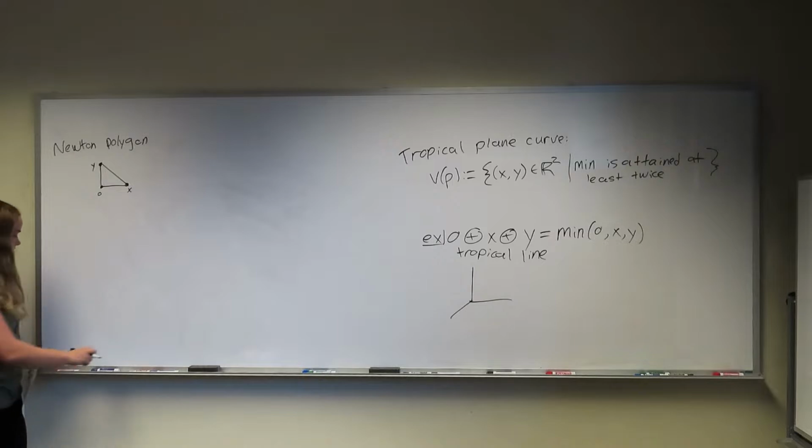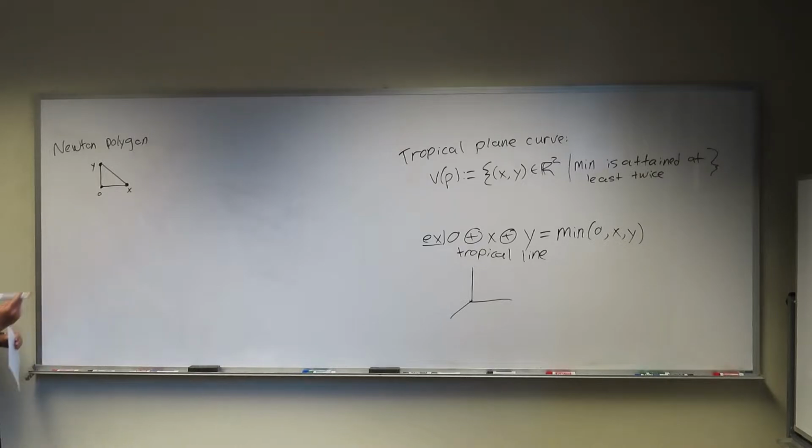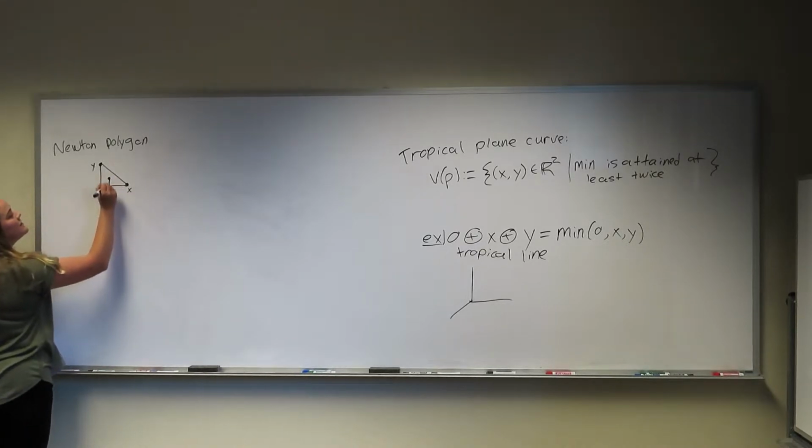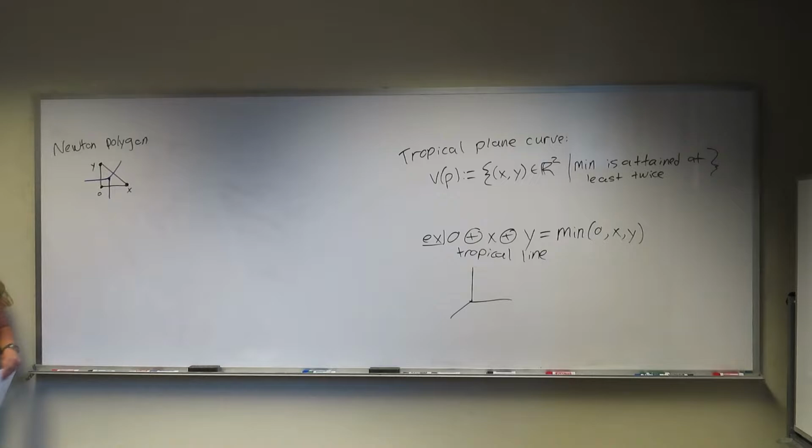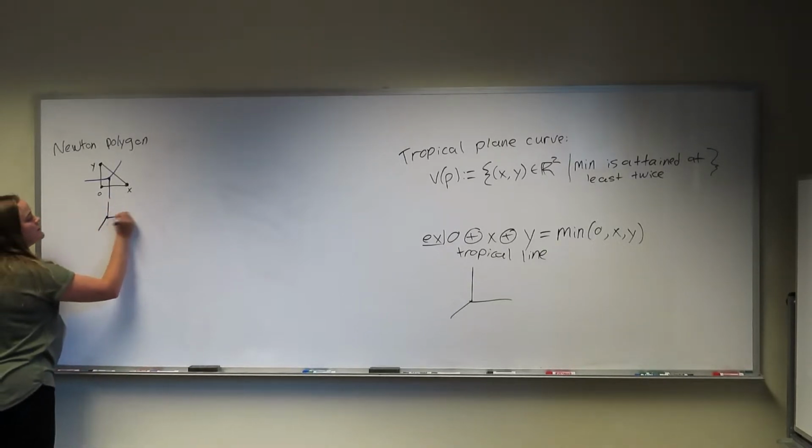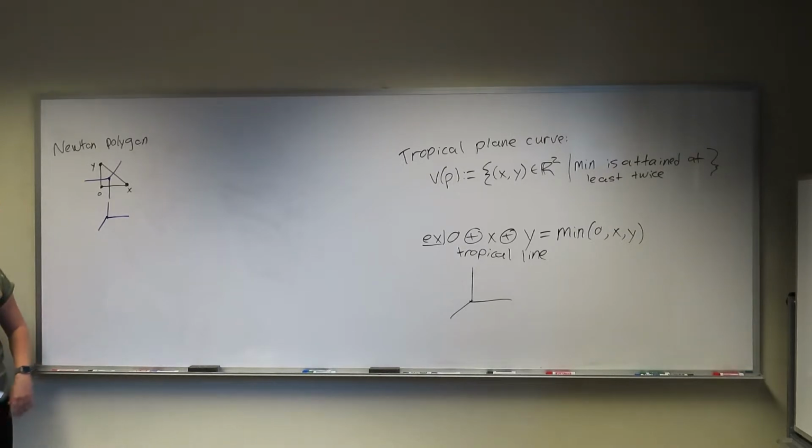Then our tropical curve is dual to our Newton polygon. So we get this, which would be our curve if we were using maximum. Since we're using minimum, we have to flip it by letting x be negative x, y be negative y. And so we get the same tropical line that we got over there.